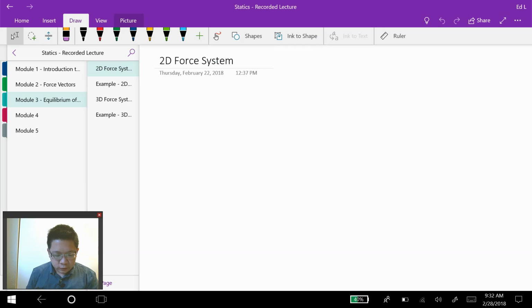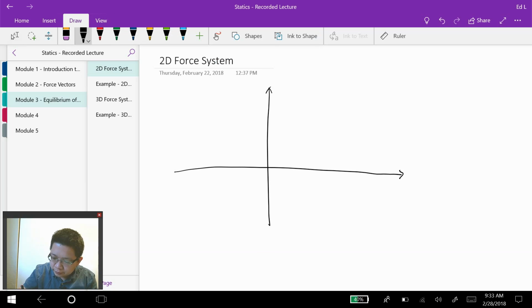Okay, so for two-dimensional systems, let's consider that we have the x and y axis in here. And then let's say that we have the particle right there, and we have forces that are acting on the particle right here.